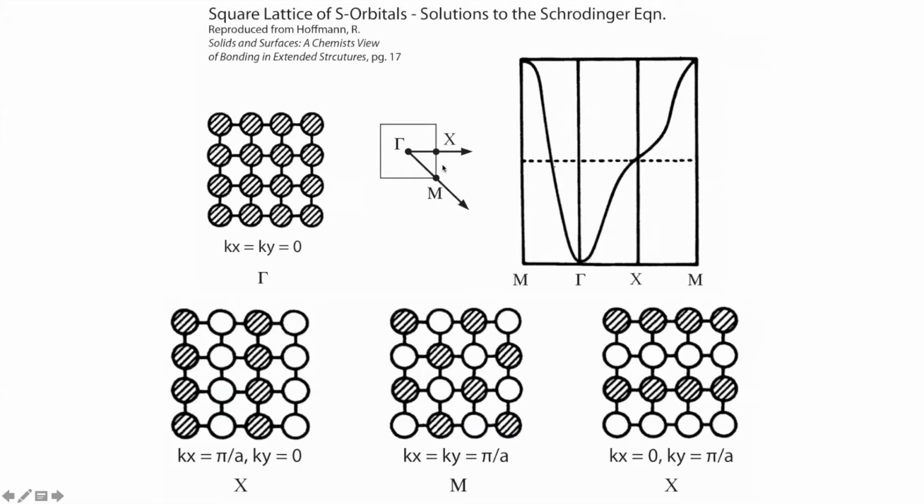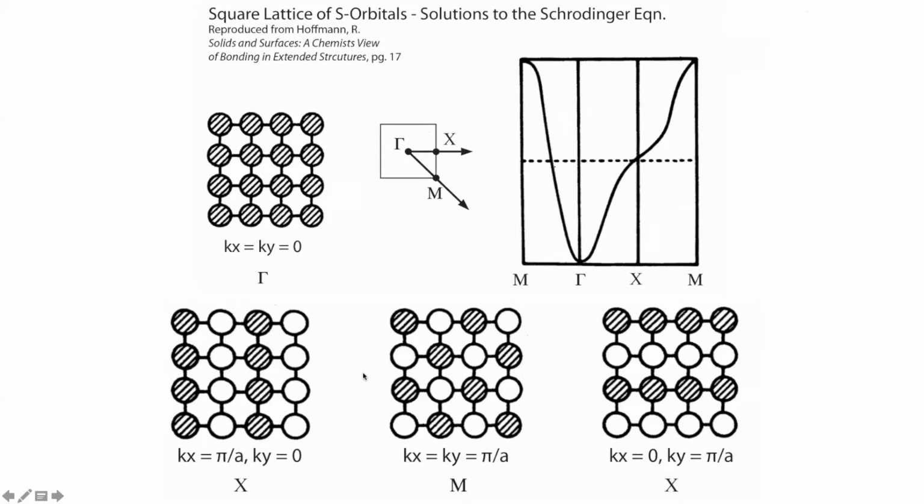At m, both x and y are changing, and so the m point is kx and ky equal to pi over a. There's another x point where ky is equal to pi over a and kx is equal to 0. It's identical to the other one. It just has a different orientation, which in a square lattice is equivalent.